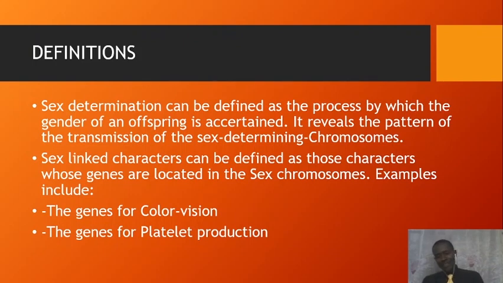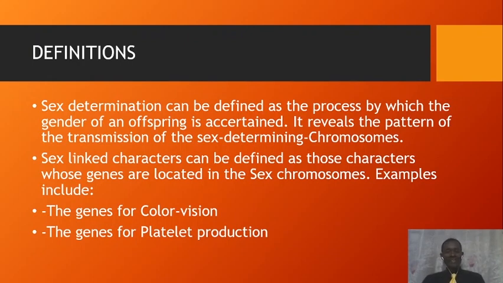All those things are traits that can be passed on from parents to offspring. But there are ones that are only linked to the sex chromosome, which means they are found on the sex chromosome. Those pair of chromosomes that determine gender, you can find some other characters in them.